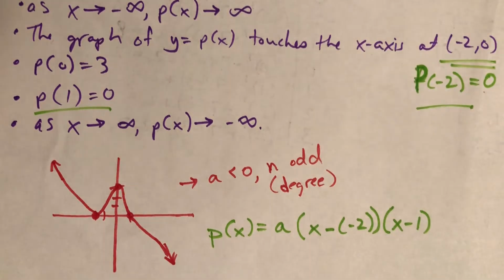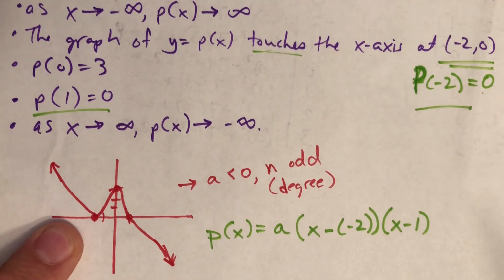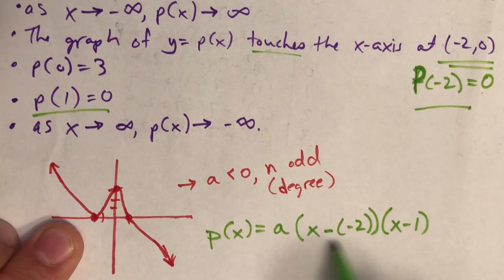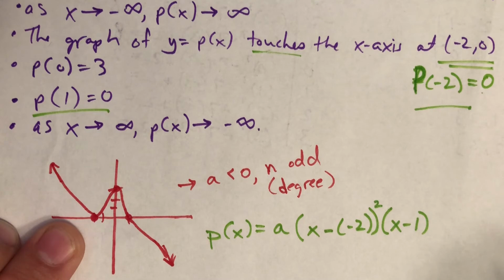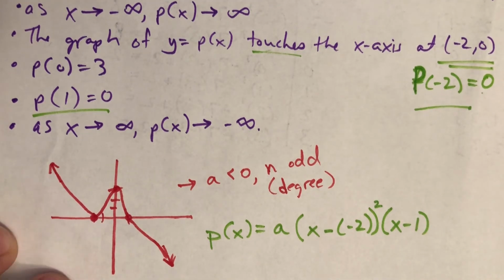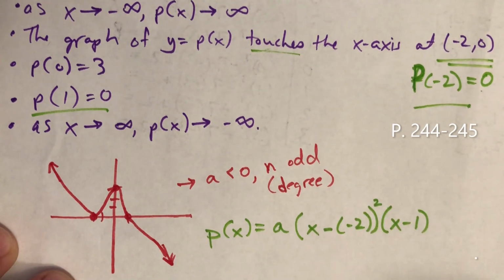The multiplicity of a 0 tells us whether the graph touches or crosses at the x-axis. We know that this one strictly touches, so the degree of this piece has to be even. I didn't print out the multiplicity part, but I will reference the page number where you can find information on multiplicities.